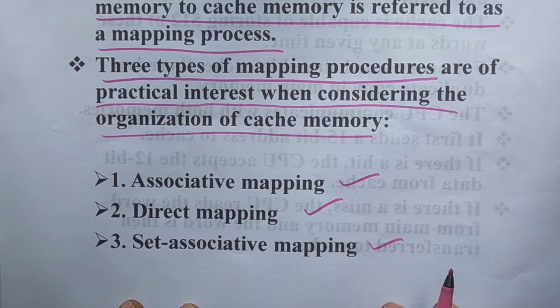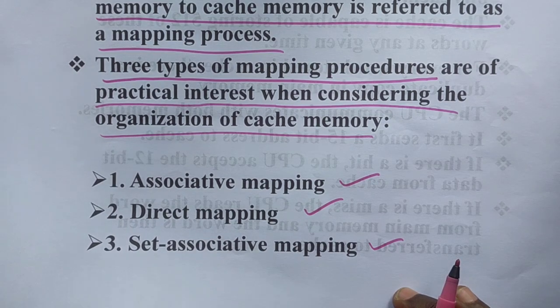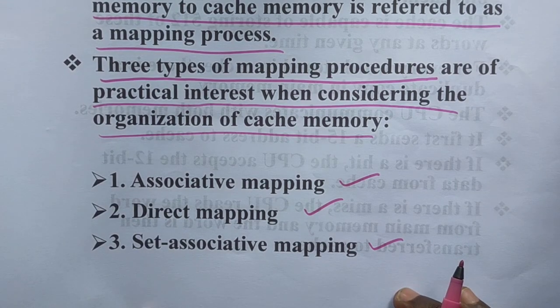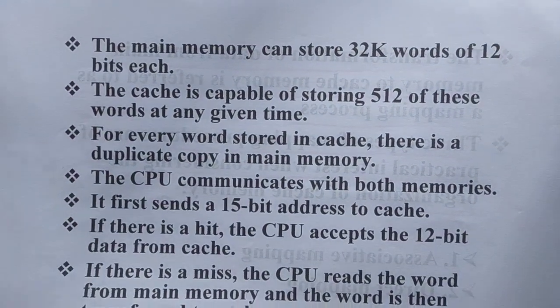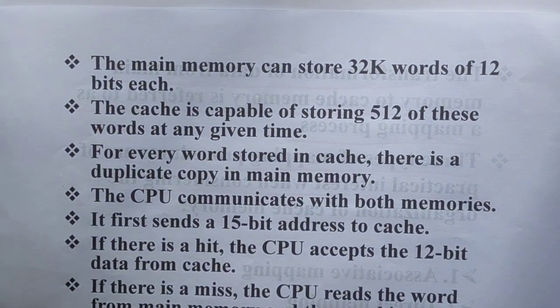Three mappings are there in cache memory. We will go through those three types and how data is accessed through each mapping, one after another.